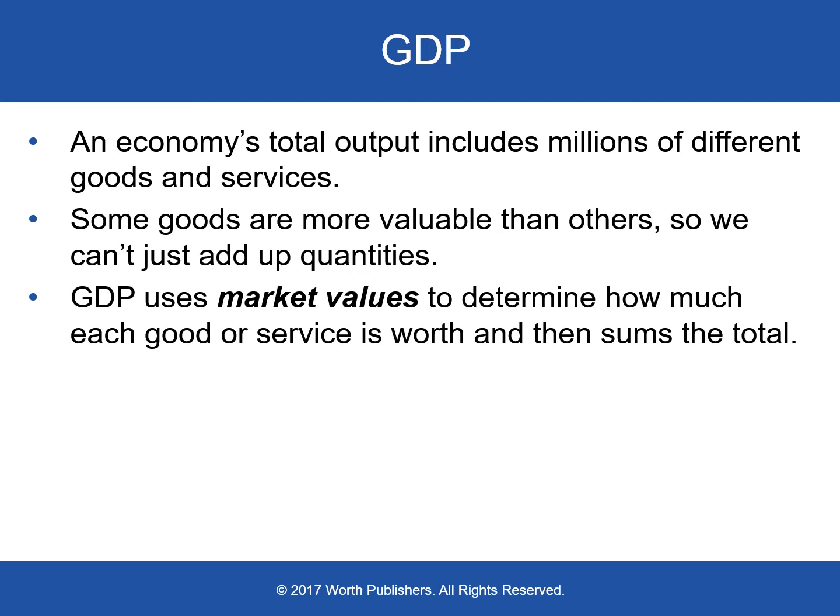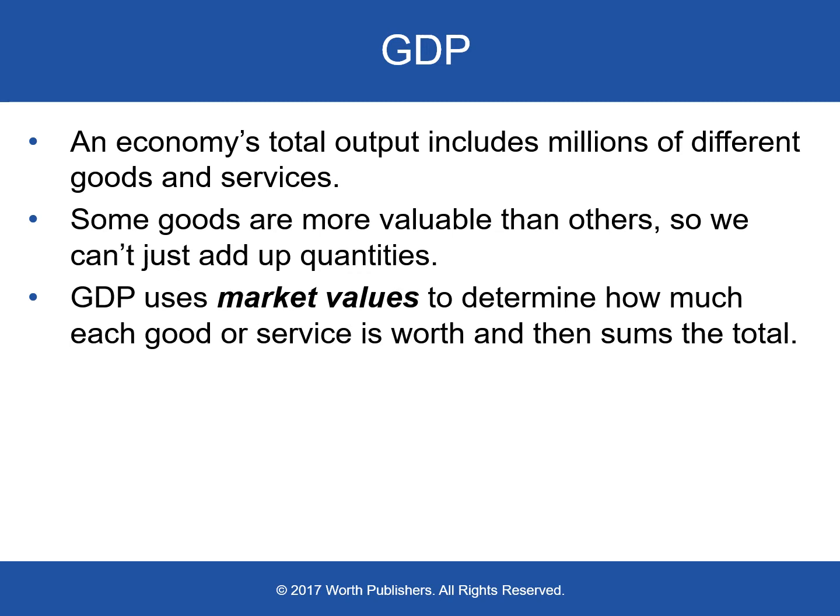So we need a common measure, and the common measure is dollars. And as referenced before, the particular dollars we count are the ones that show up in the market as the market values or market prices, that is, to measure the value of trade and the value of the production that occurs.